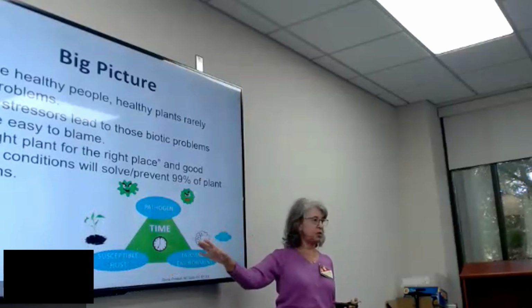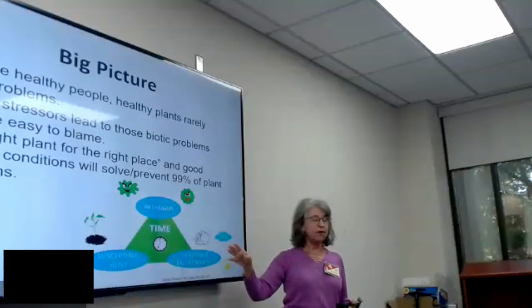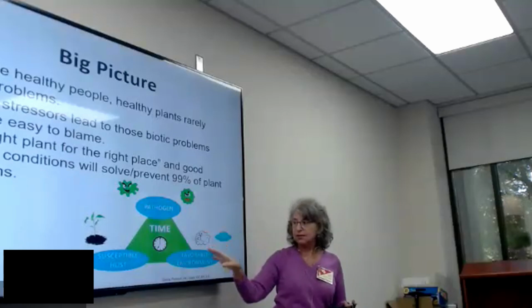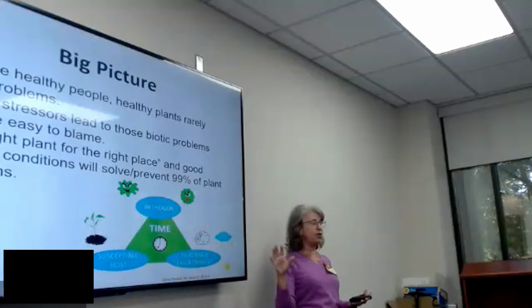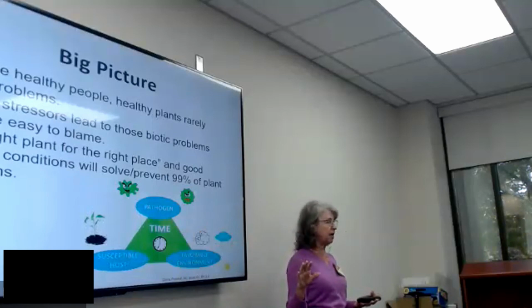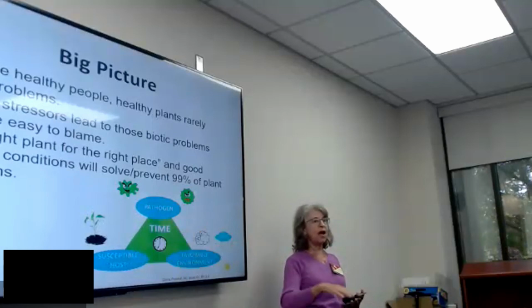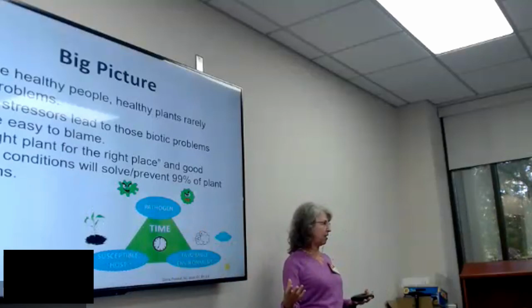And here's where time comes in. Say the pathogen and the host are here. Say this pathogen needs moisture to germinate and infect the plant, and you have a half-hour rainstorm, but that pathogen needs an hour or 5 hours to get going.